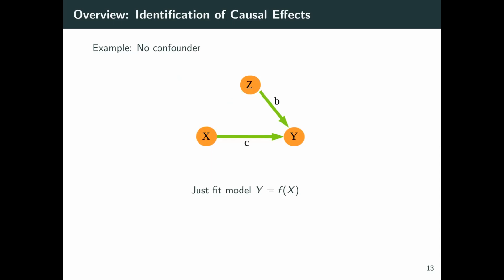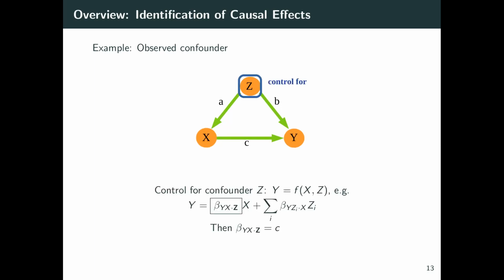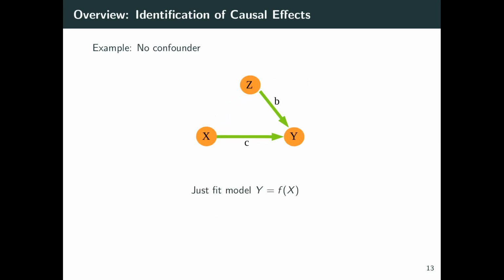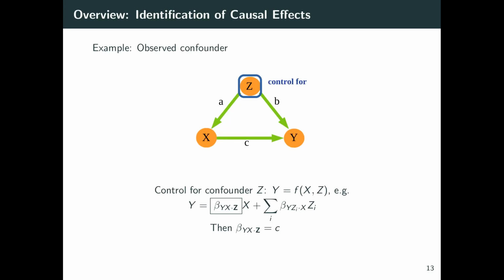But what about the case that you have an observed confounder here? Namely, if z also causes x, then just fitting a model of y on x, as before, would not be enough, because then you would ignore that both variables are driven by z. And to control for z, you would just add z to the model.